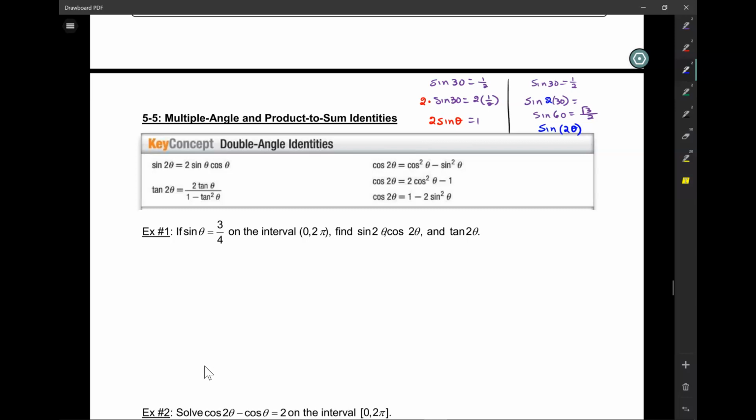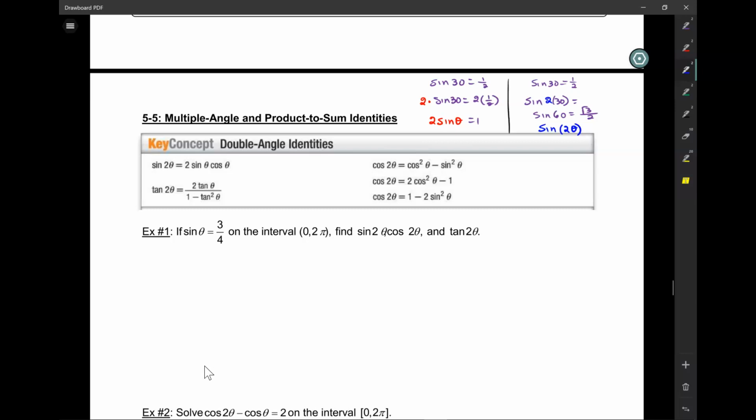All right, let's talk about some identities. It turns out there are ways to relate double angles to single angles. So the situation is, is there a way to relate sine of 60 to an angle of 30? Well, it turns out there is. Here are the identities for that.